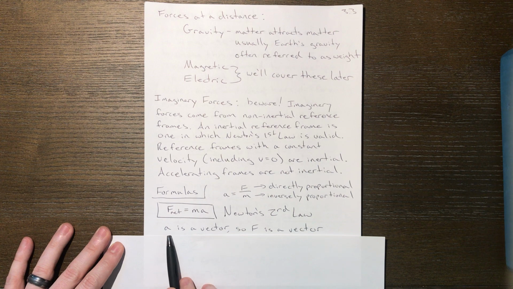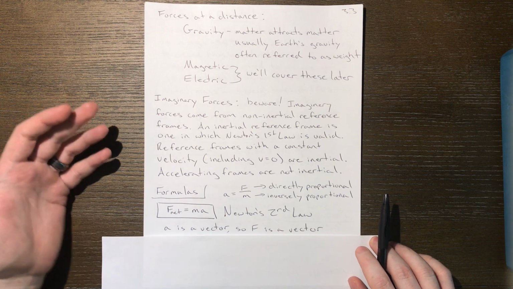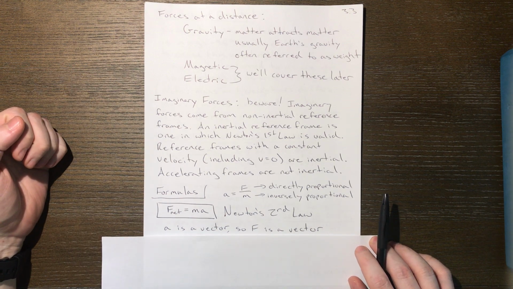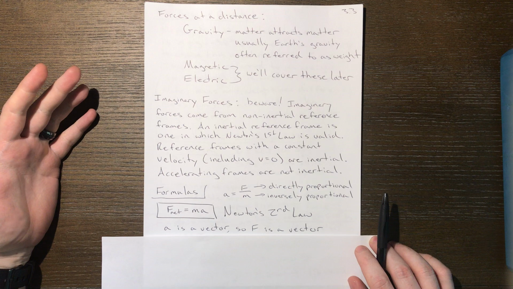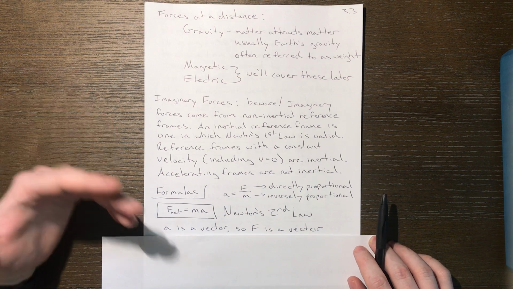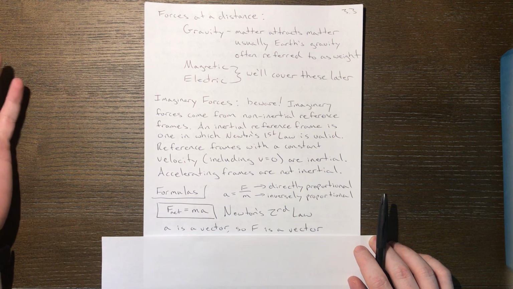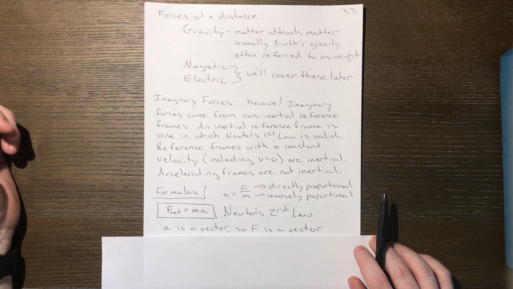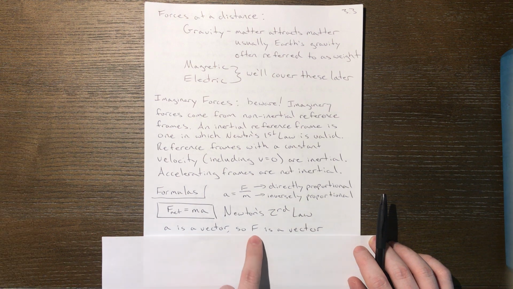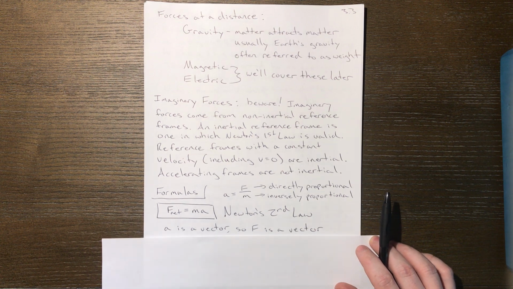So if acceleration is a vector, that means force is also a vector. And that shouldn't be too surprising. A vector just means that direction matters. And certainly the direction in which you apply a force to something is going to affect what happens. You push something upwards, it moves upwards. You push something downwards, it moves downwards, and so on. Which direction you apply the force is going to help determine what direction the resulting acceleration will be in.